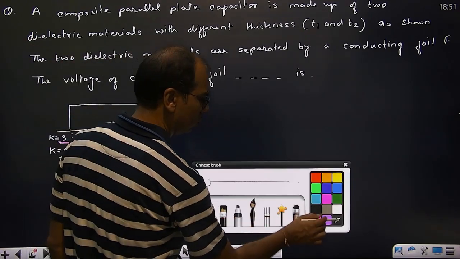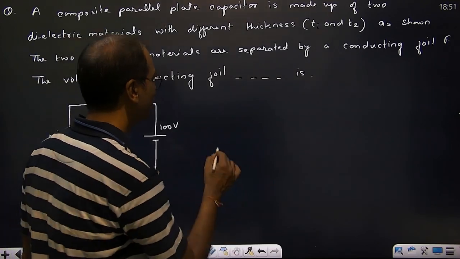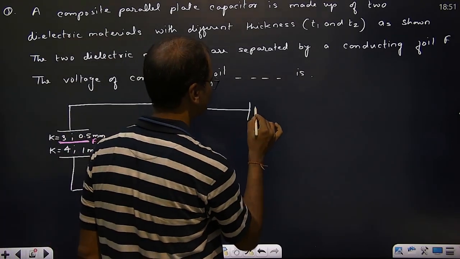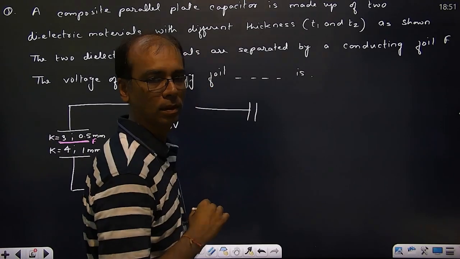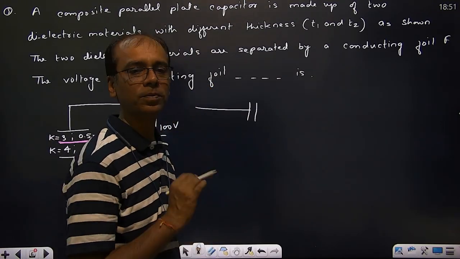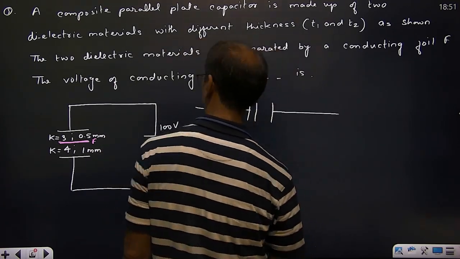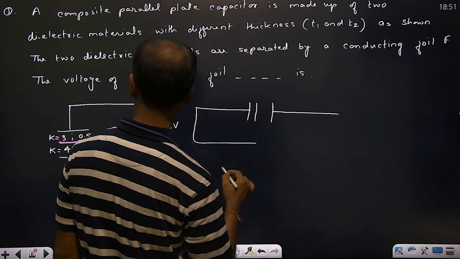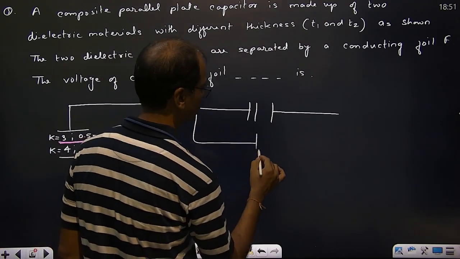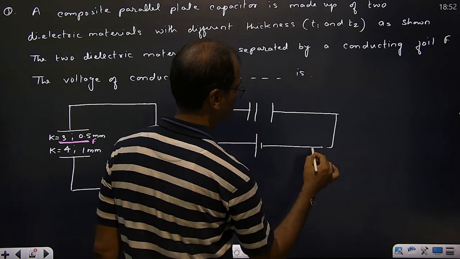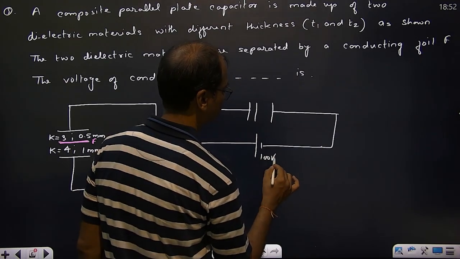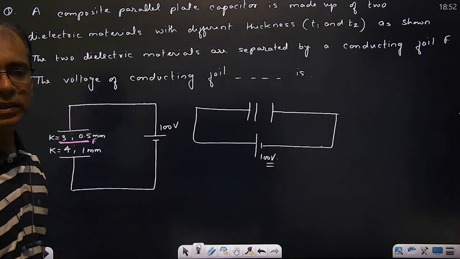I am trying to say make the capacitors like this. Okay, this is better for us. So two capacitors are given like this, and then they are connected across a 100 volt battery. That's it. This is easy for us to understand.